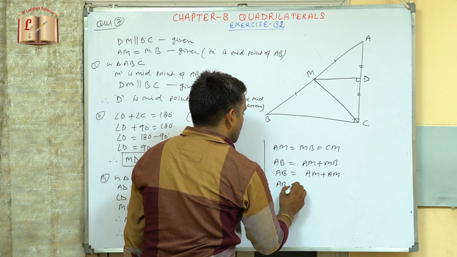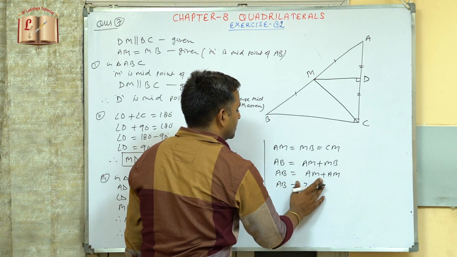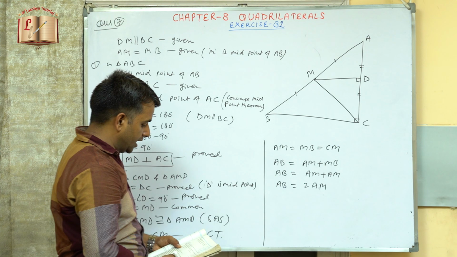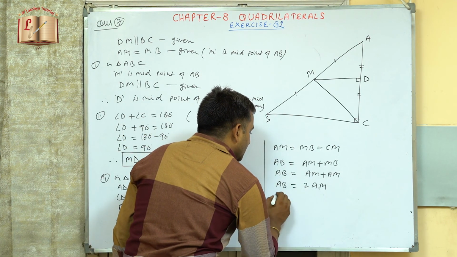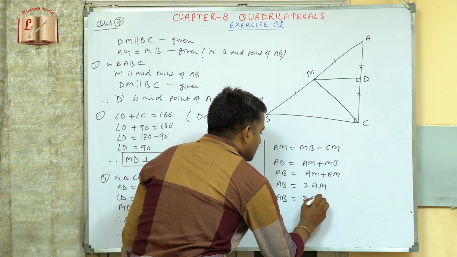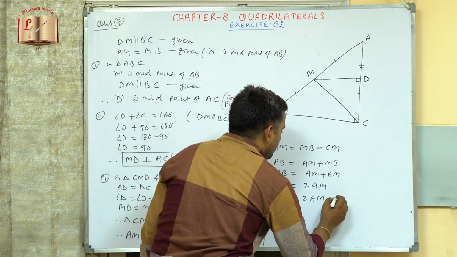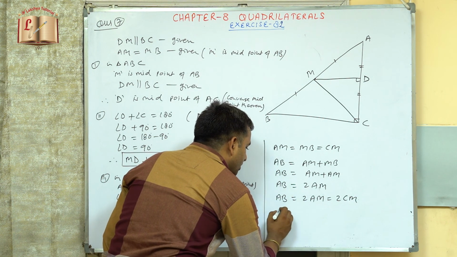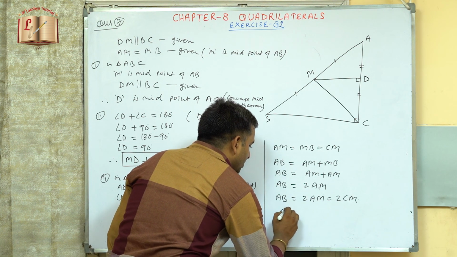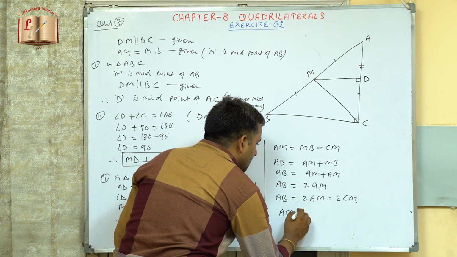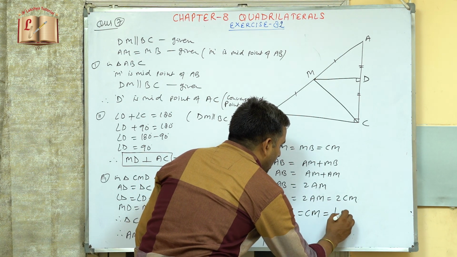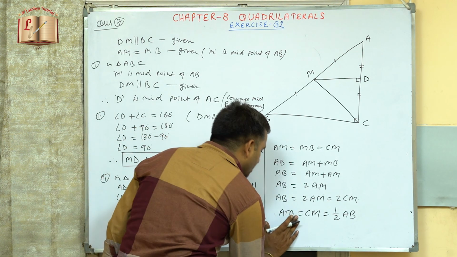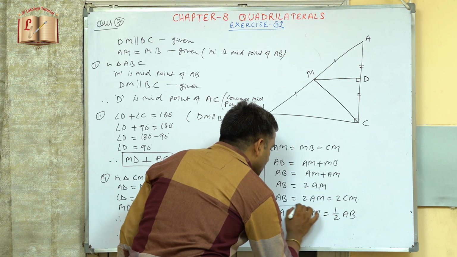So AB is equal to twice of AM. Now see that AM is equal to CM, so AB is equal to twice of AM, or this can be written as twice of CM. So on dividing by 2, we get AM is equal to CM is equal to half of AB. So this is now proved.